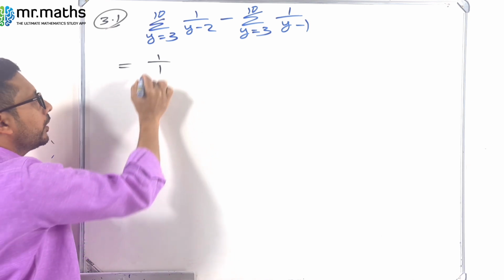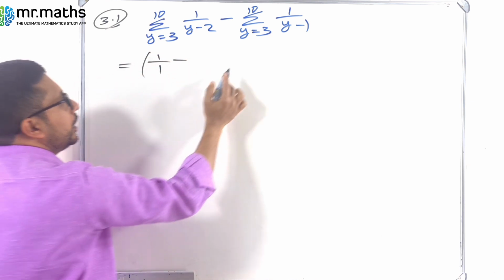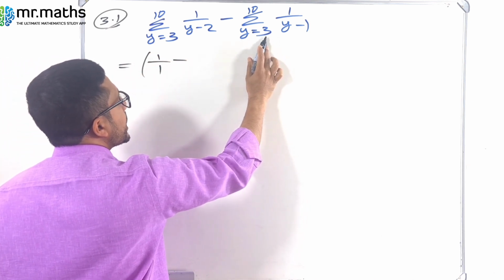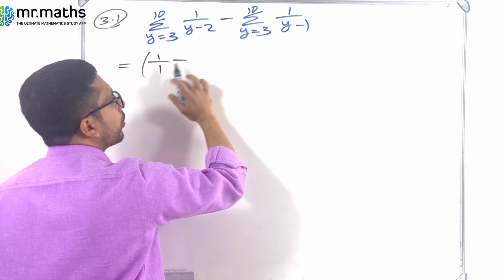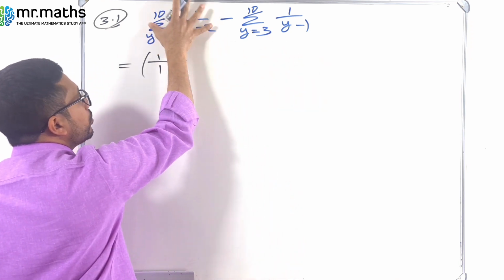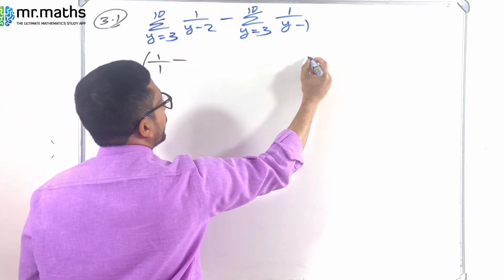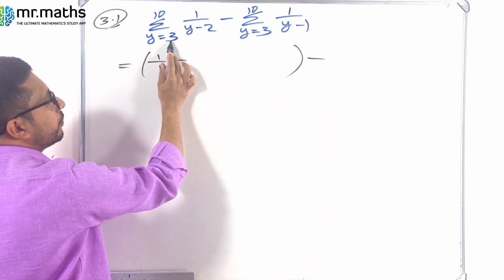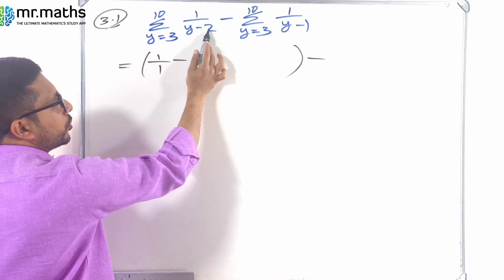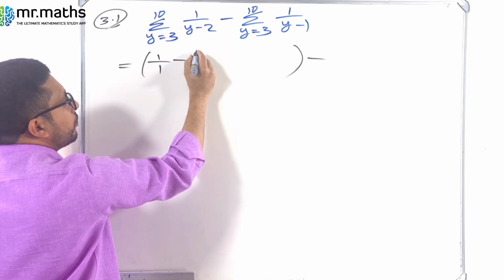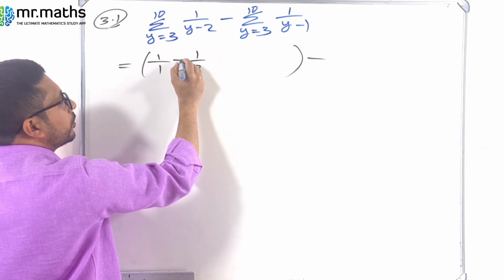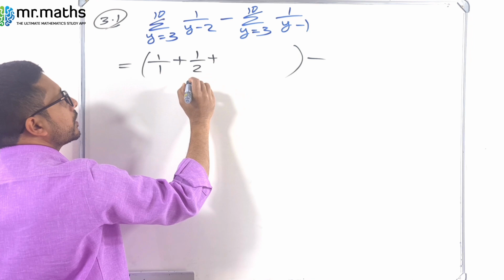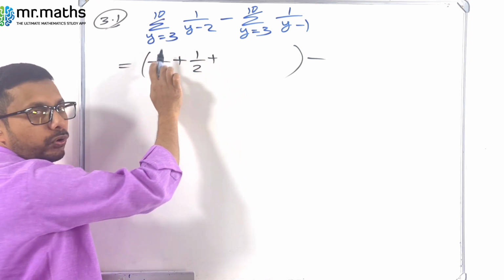Am I right? Okay. So minus, here first we can do all of this one. I'm going to do all of this one here, then we can subtract. So the next y value after 3 is 4. 4 minus 2, that is 2. So it is 1 divided by 2, plus. The next y value after 4 is 5.